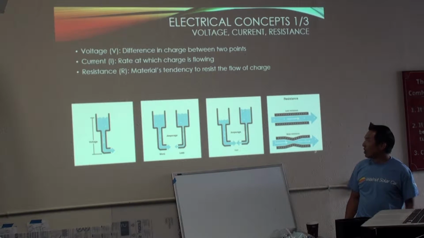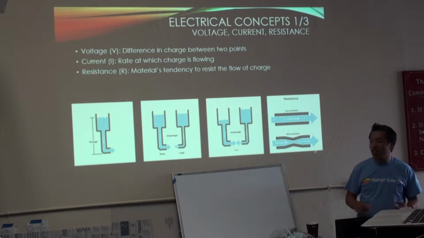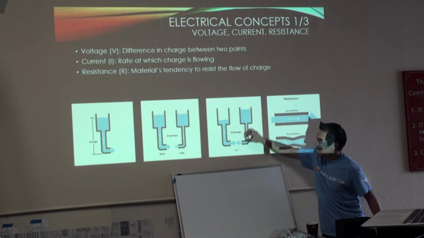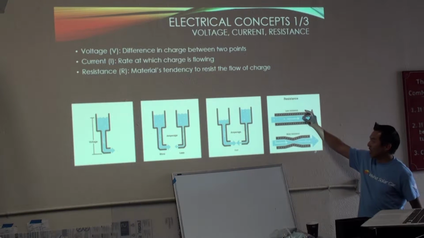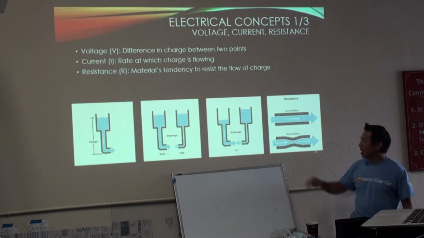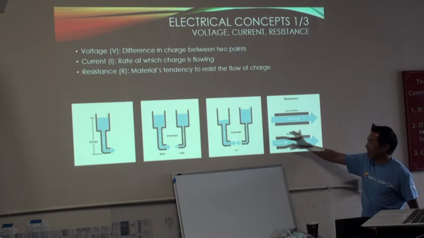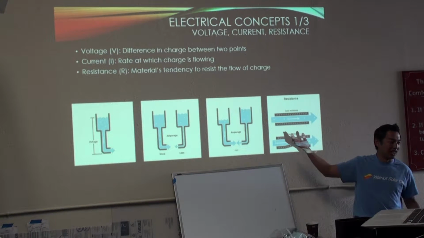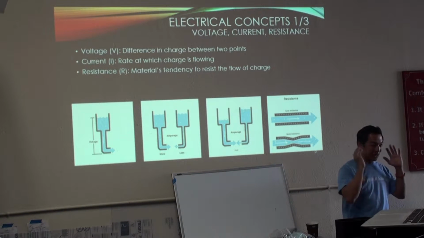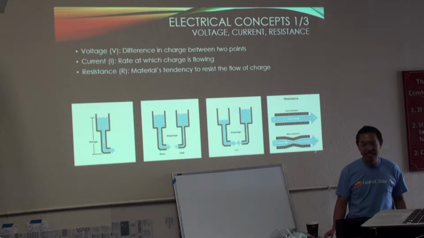There is a relationship between voltage, current, and resistance which we'll talk about on the next chart. In a water flow example, a smooth hose versus one with a kink will have less or more resistance. Okay? So does that make sense? We're just using that as an analogy.